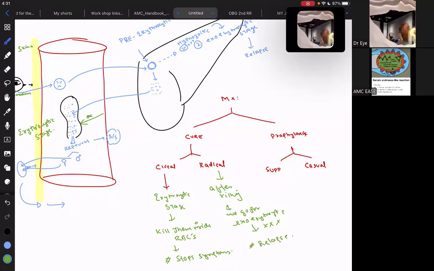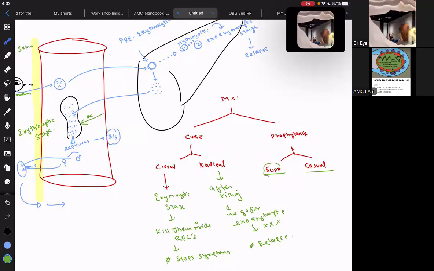And when we talk about the prophylaxis of malaria, we can go for the suppressive treatment or the casual treatment. In the suppressive, the malaria entered into the RBC, and these RBCs ruptured and resulted in the sign symptoms.